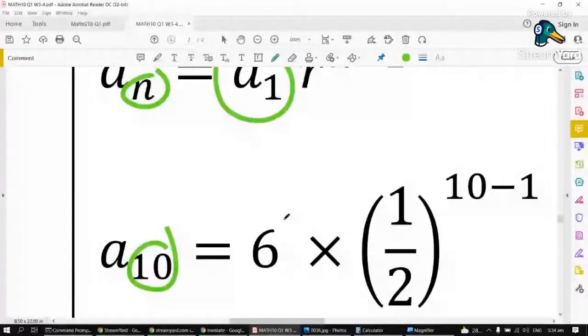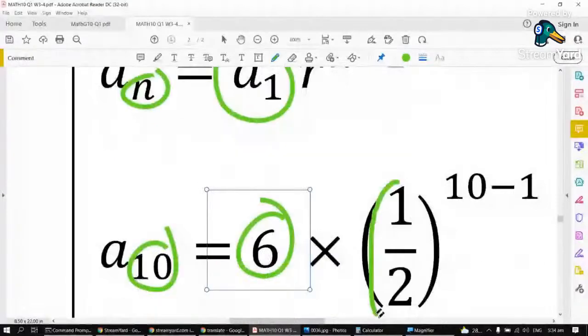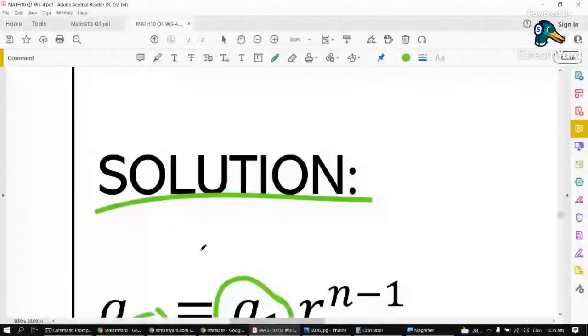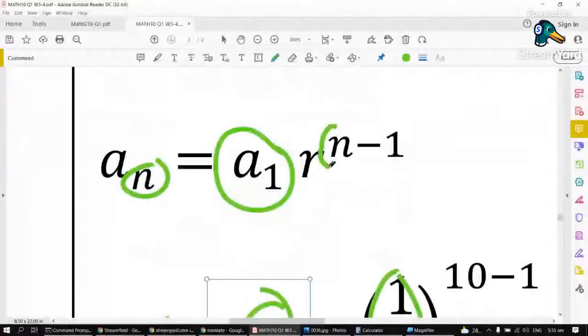So, papalitan natin ng 6 times r. Ang ating common ratio, 1/2. Then, itong ating n ay papalitan natin ng 10. Okay?